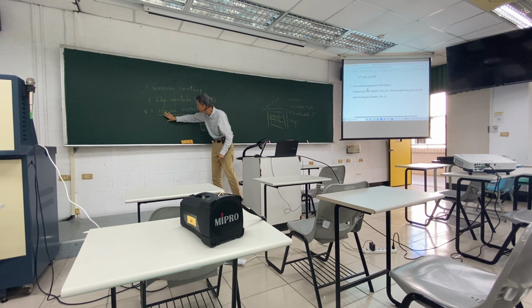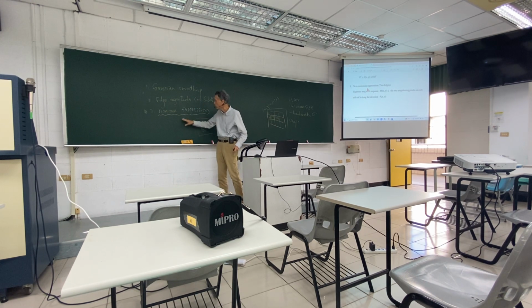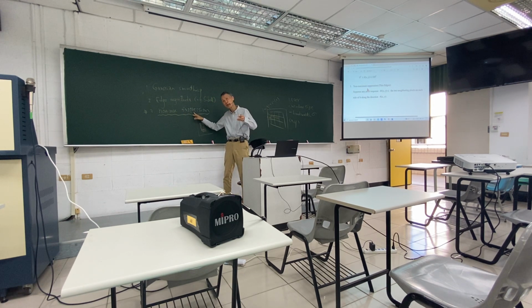Non-maximum means that if something didn't return the local maximum value, then we suppress it, which means we remove it. They all have a strong response nearby. If an edge responds like this, then we do the so-called non-maximum suppression.